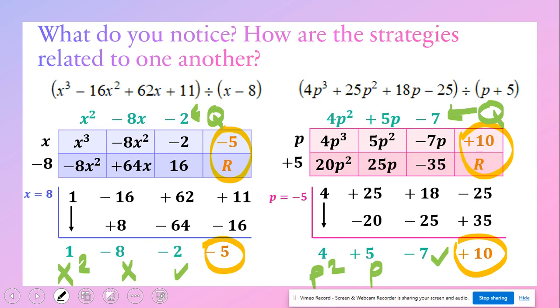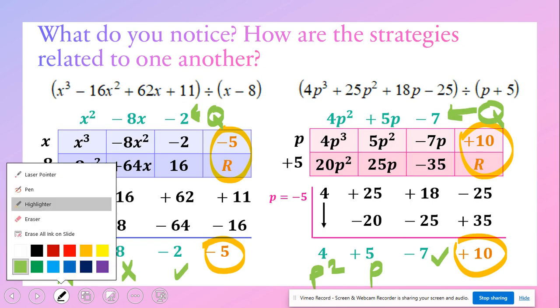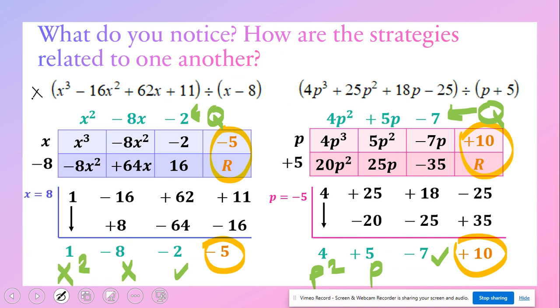So for example, in this first polynomial, where we have x to the third minus 16x squared plus 62x plus 11, right? That is a third degree polynomial, and our resulting quotient was x squared minus 8x minus 2 from the box, and similarly, this needs to be 1 degree smaller.